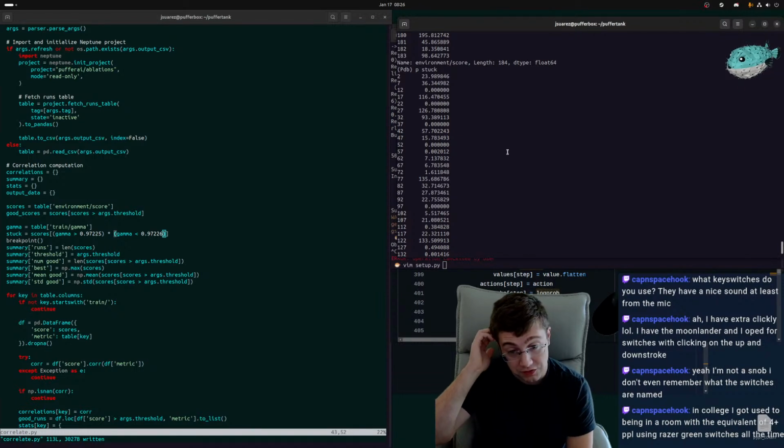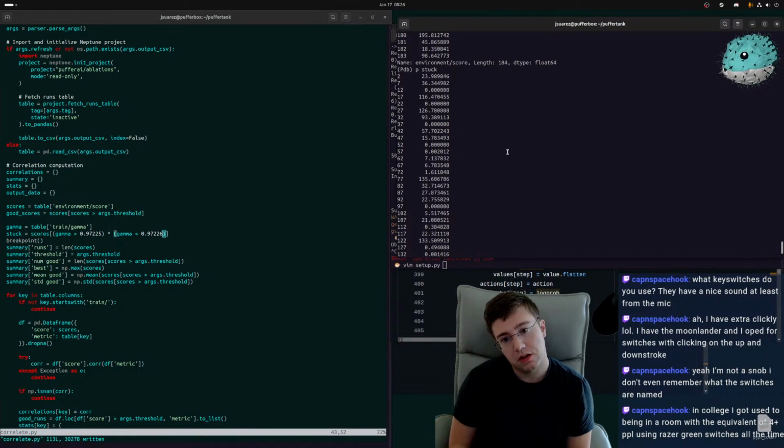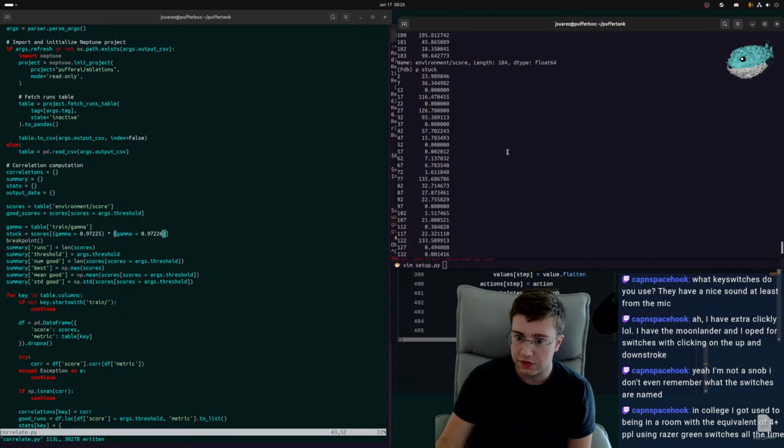Okay, so this is insane. I really wish I could just see this in the Neptune UI. I mean, I know I'm going to have to build out our plot stuff more.